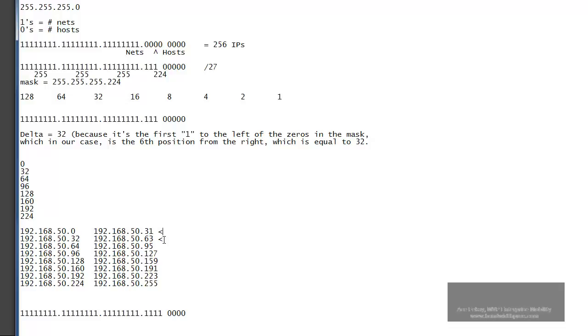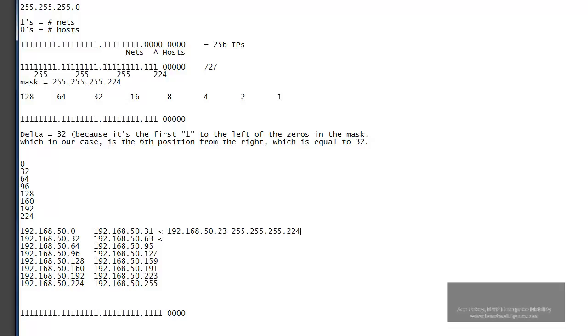Because the mask tells your computer that this is your subnet. If you're configured with an IP of 192.168.50.23, whatever it is, it doesn't matter, and with the mask of 255.255.255.224 on your computer, it's going to know that your range is 0 through 31.